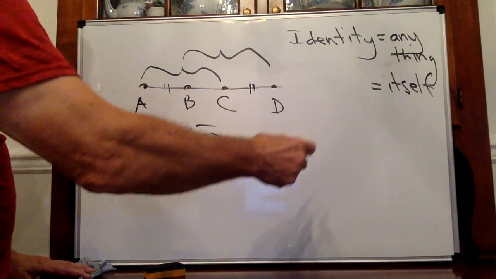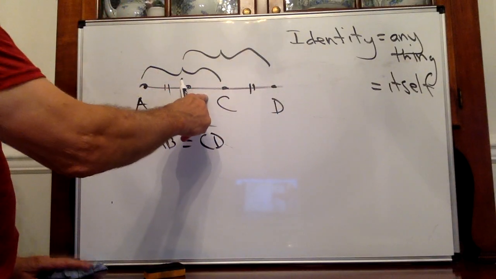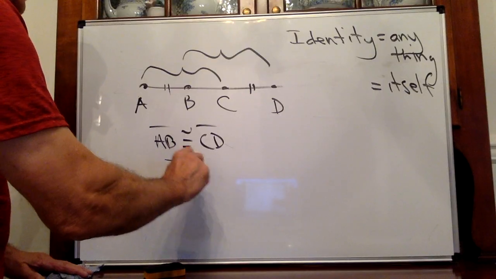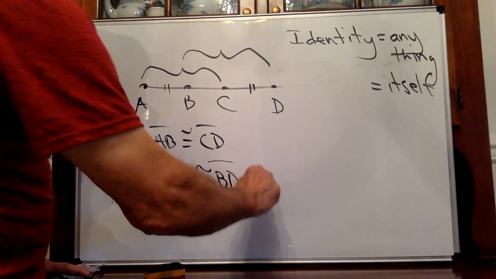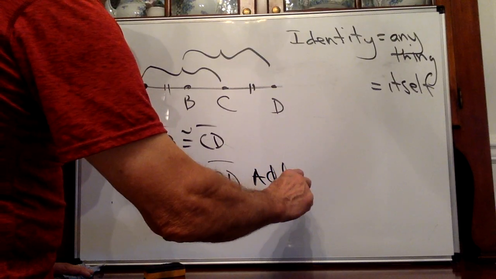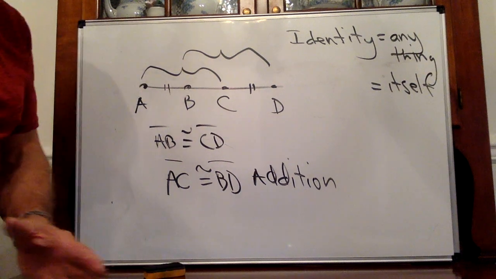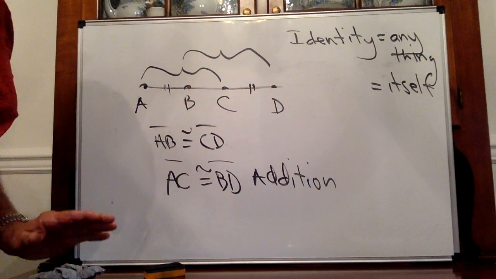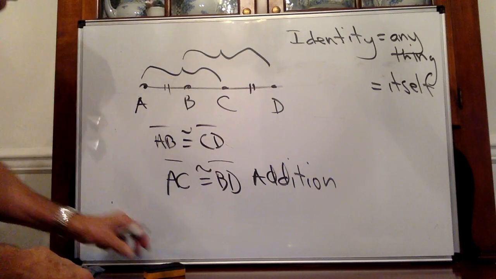Therefore, I can say, since these two little pieces are equal, and I'm just adding the same piece to both, I could say that AC is congruent to BD, and the reason I can say that is the addition property. You can add line segments together and get bigger line segments congruent. It will also work with angles.